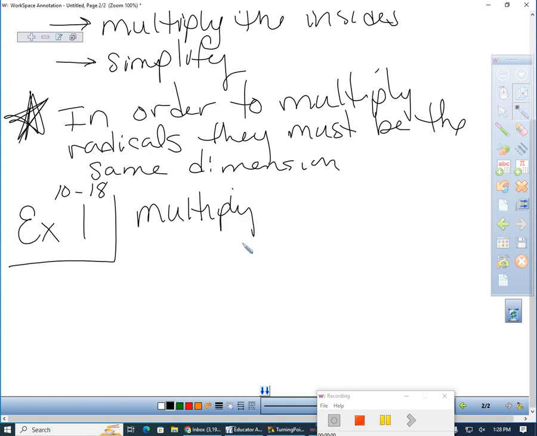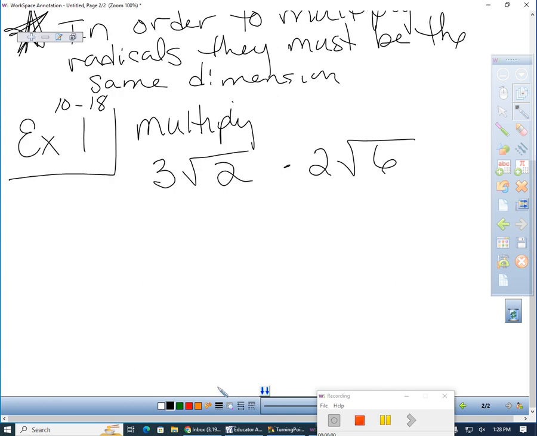Let's say I have 3 square root 2 times 2 square root 6. So first I multiply my outsides, 3 times 2, which is 6. Then I multiply my insides, 2 times 6, which is 12.